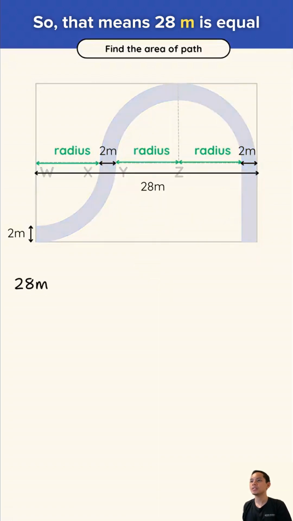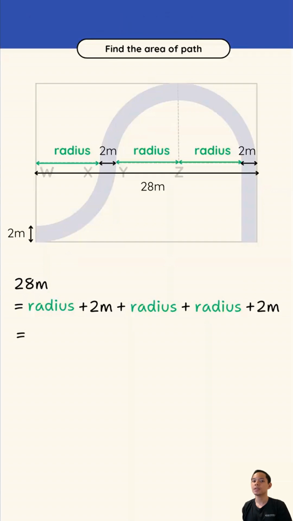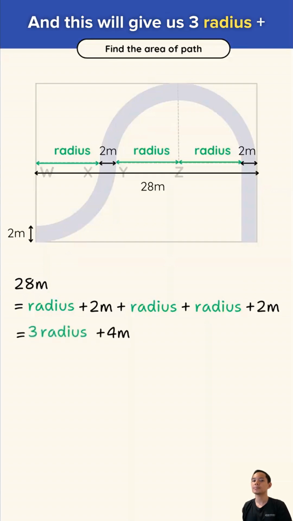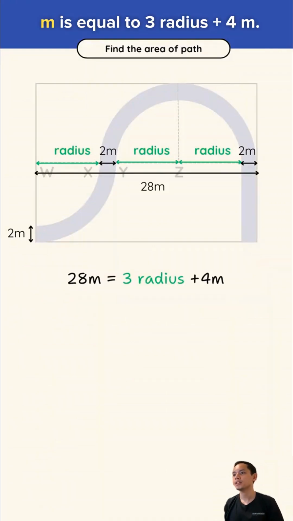So 28 meters is equal to radius plus 2 meters plus radius plus 2 meters, which gives us 3 radius plus 4 meters. So 28 meters is equal to 3 radius plus 4 meters.